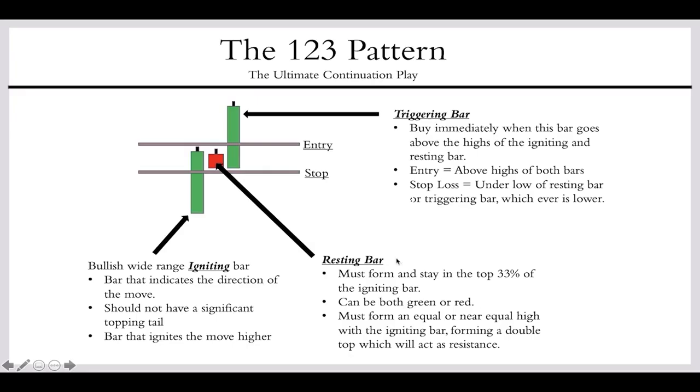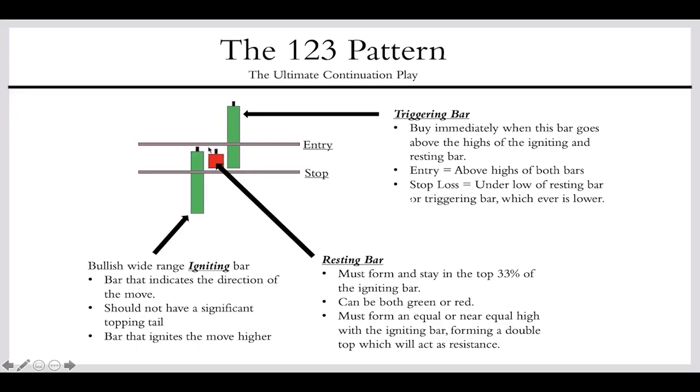It doesn't matter if it's green or red or if it's a doji candle, that doesn't matter. Ideally, you want it to form an equal or near equal high with the igniting bar, meaning you want the high of this resting bar to be near the high of this igniting bar. In this case, we're near the high, because what it ends up forming is a double top or an area of resistance, okay?